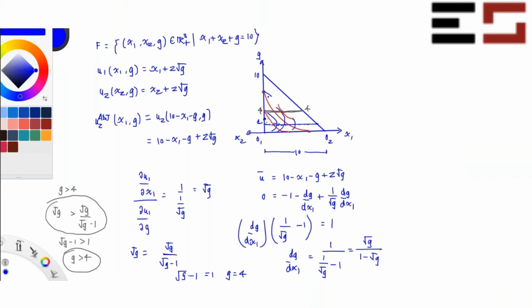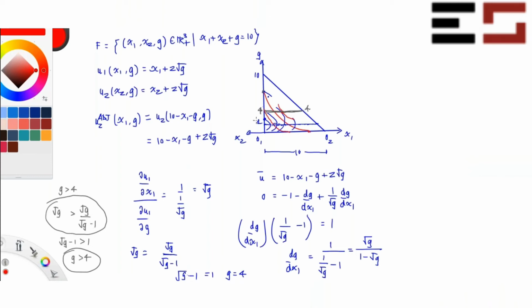If you do the check over here, you will find that the IC of individual 2 will look like this. So we just have to check whether the IC of individual 1 looks like this or like this. You can actually redo this calculation. If you redo it, you will find that when G is less than 4, this term is less than this term.